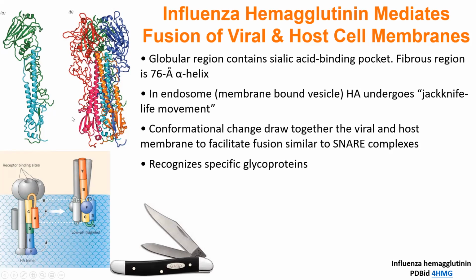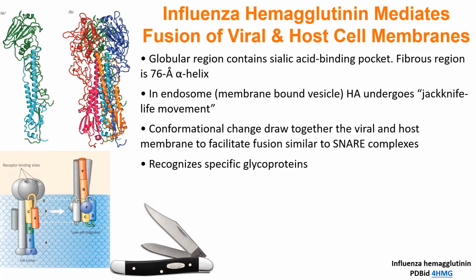We have a similar thing happening here, where we have our protein and it's looking for salicylic acid. And we talked about how on our plasma membrane, we have certain lipids that have salicylic acid. And so flu is looking for these lipids.